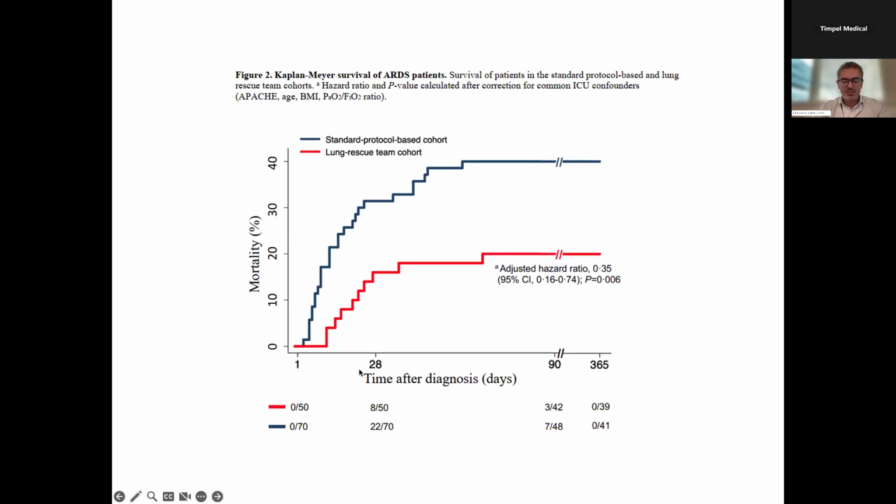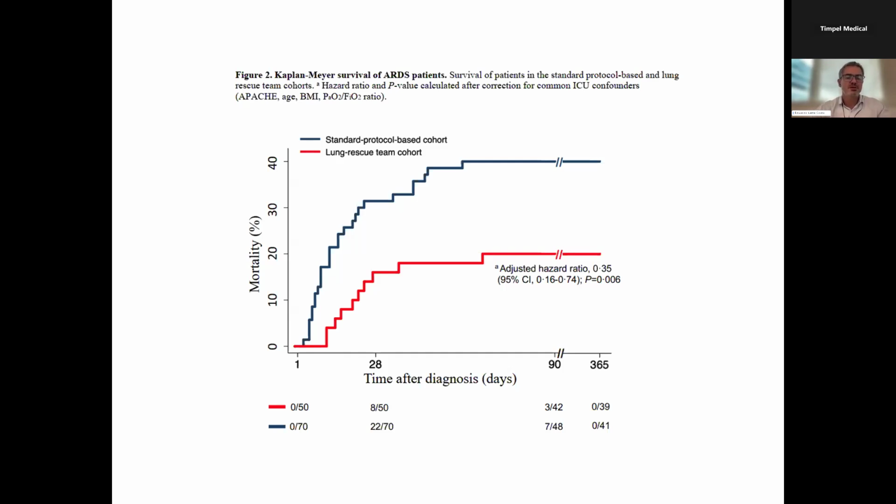So this experience in very obese patients, I think maybe the group that's more experienced is the group from Boston. They have this lung rescue team, and they've published this paper, a pre-post paper comparing before the lung rescue team and after the lung rescue team, in which they select and titrate PEEP according to either the transpulmonary pressure with esophageal balloon or with the crossing point using EIT.